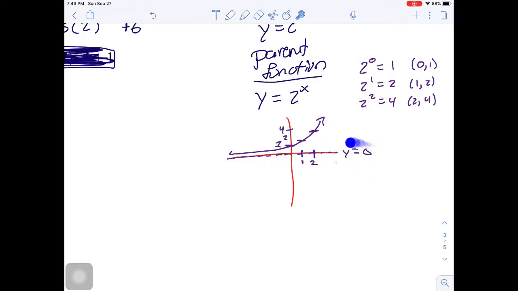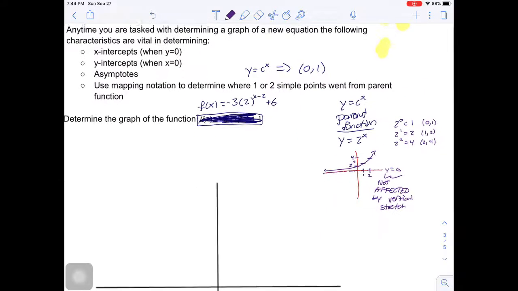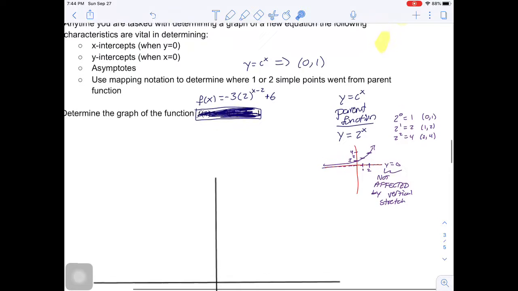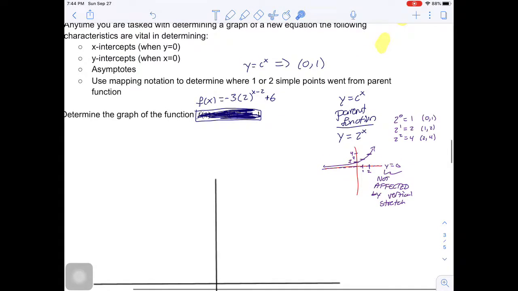Now, recall, we can find our horizontal asymptotes very easily, okay? We know that this guy is not affected by vertical stretches. Because remember, if we think about it, right now this has a vertical stretch of 3. If we multiply 0 by 3, nothing's going to happen. And then we're going to add 6 to it.